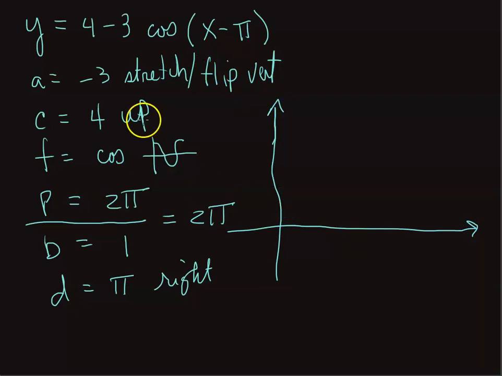Change our colors. First step. Where does the middle move? Normally the middle for the cosine is right here, the x-axis, but it is moved up 4. This is now the middle.